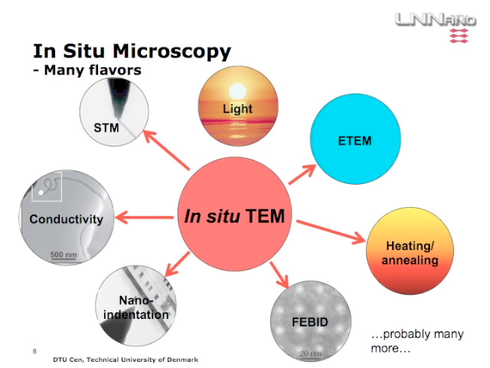This is heavily used in the oil industry, where people see how much pressure certain types of materials can take before they crack. You do FIB, and I'll tell you what this acronym means a bit later on today. And of course, heating and annealing, which is probably the most used in situ technique. And then finally, environmental TEM, which is what I'm going to be talking about today. But certainly there are many flavors, and there's probably a bunch more than I put on this slide.